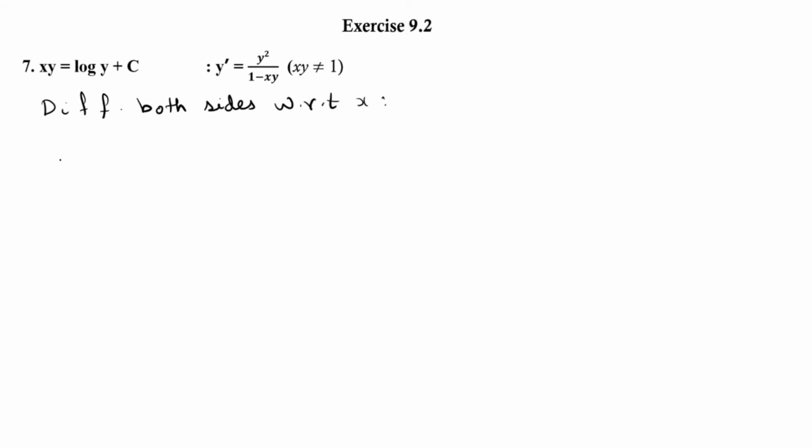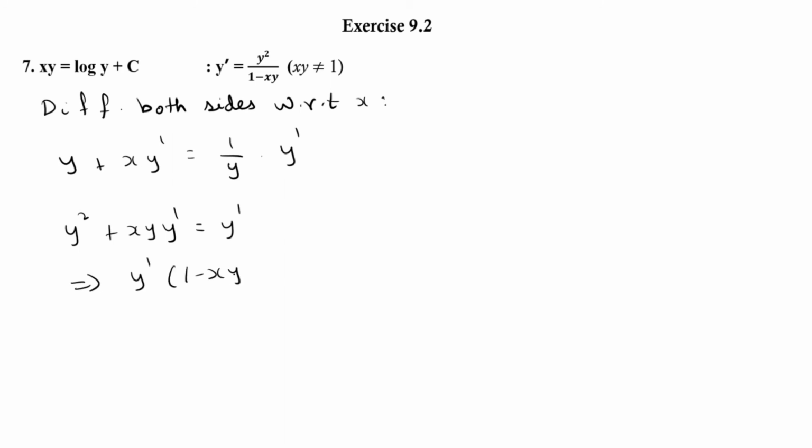So we have y plus xy' is equal to 1 by y into y'. Let us simplify. We have y square plus xy into y' is equal to y', or y' into (1 minus xy) is equal to y square.